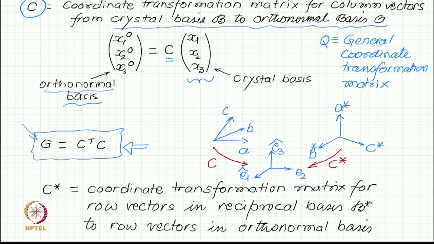Saying orthonormal basis also does not uniquely define it, it can have many different orientations in space, and you have to choose one. So, there is a lot of freedom in choosing your orthonormal basis.